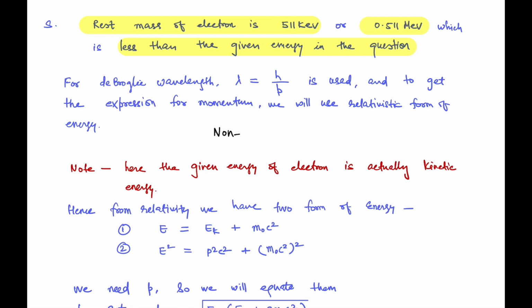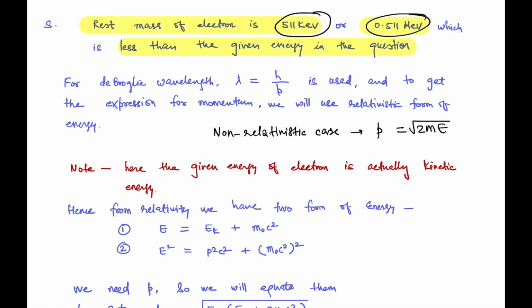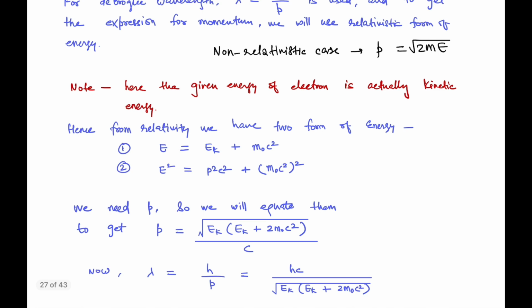For the non-relativistic case, momentum is actually the square root of 2 times m times kinetic energy. But in this case, as the case is relativistic, because our given energy is more than the rest mass energy, from relativity we will have two forms of energy.